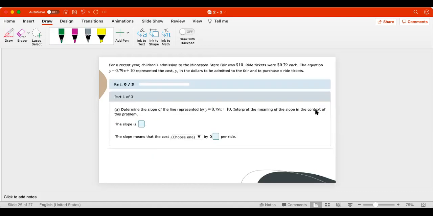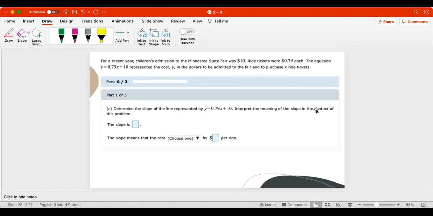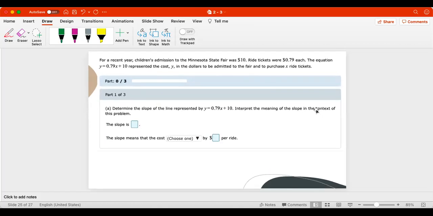All right, to finish up this section, I'm going to do one more problem. It's got 3 parts, and it's from your practice problems in your homework. It says, for a recent year, children's admission to the Minnesota State Fair was $10. Ride tickets were 79 cents each. You know, if you go to the fair, you've probably seen this.